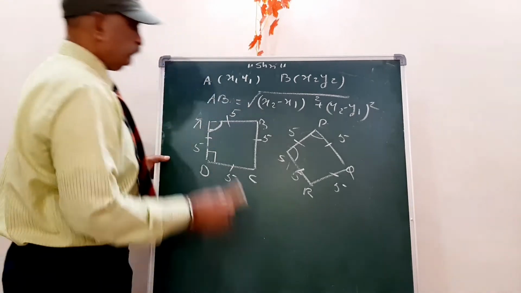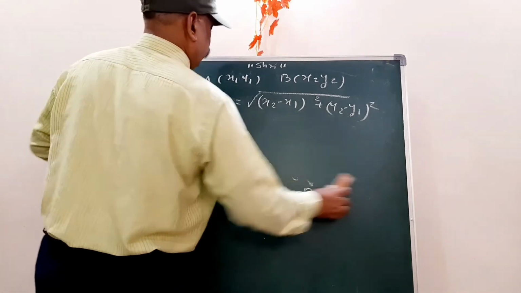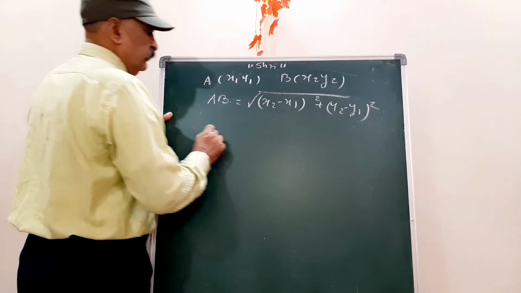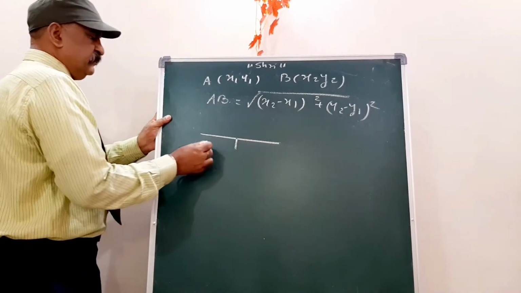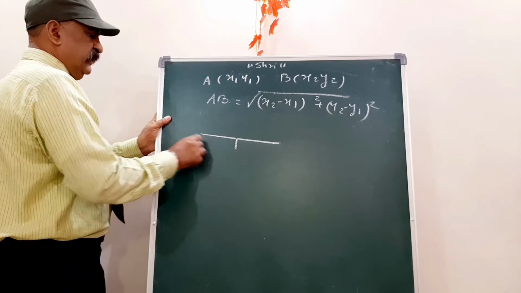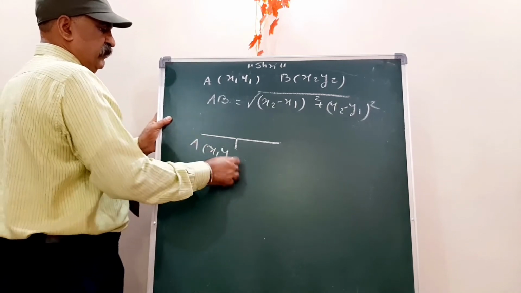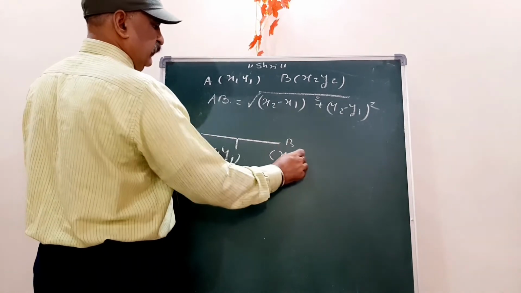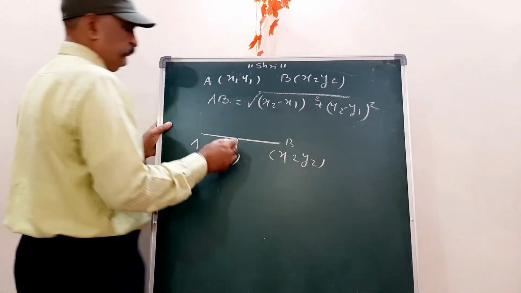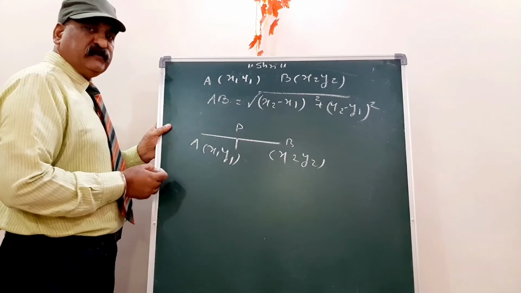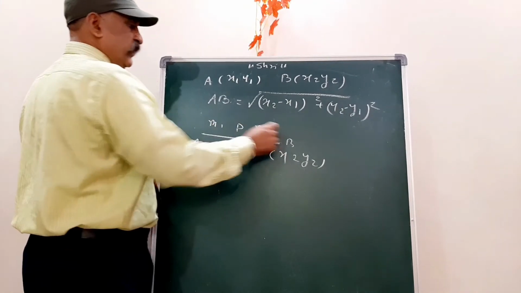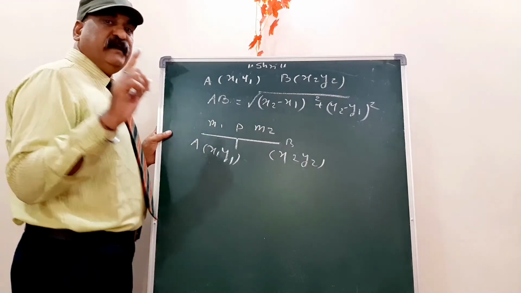Now suppose this is a point A, x1 comma y1, and this is the point x2 comma y2, and now you have to find the coordinates of this point. Suppose this ratio is m1 is to m2, then you have to apply the section formula.